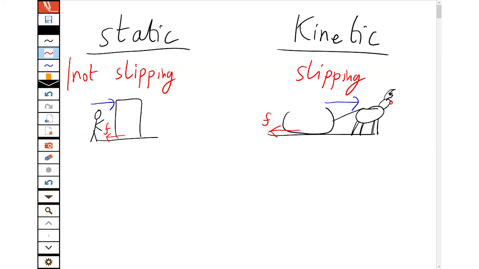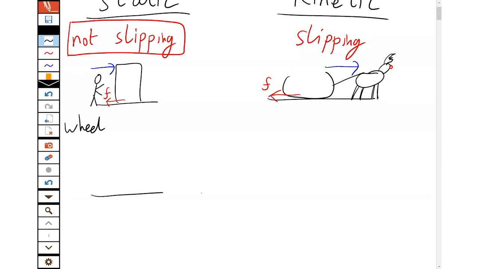But the key to not slipping is there are some moving objects that experience static friction, and they're very common examples, so we need to know them. The first and most famous is the wheel, a very famous machine.